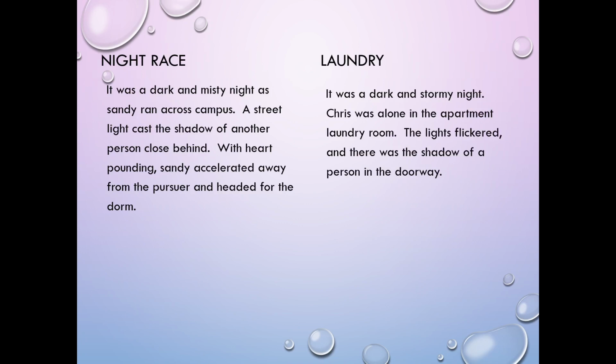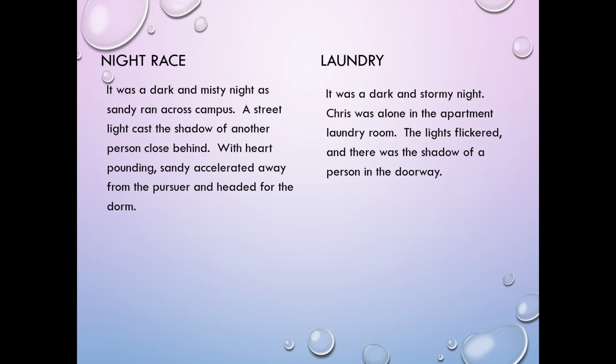Both groups are asked to generate an ending to the story, describe who the person is, who the lead character is, Sandy on the left, Chris on the right, and who the shadowy figure is, right? You've got another person close behind on the left, and you've got the shadowy person in the doorway on the right. Who is that? What's happening? Tell a story.